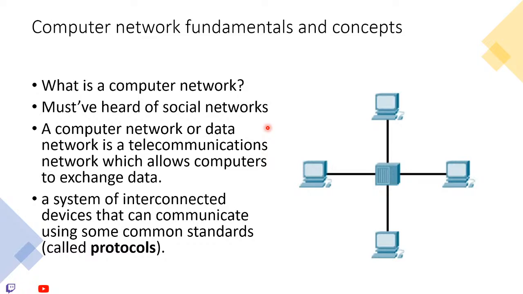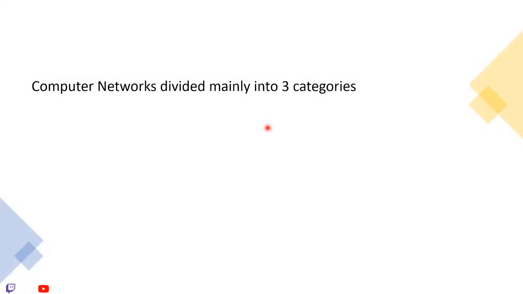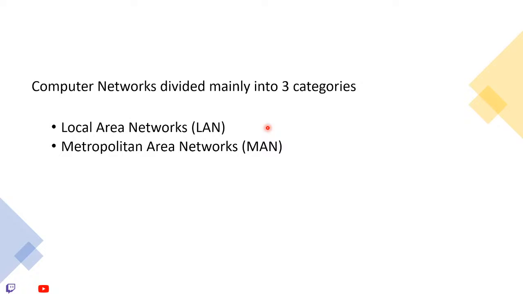Computer networks are mainly divided into three categories. The first is the local area network, also known as LAN, the metropolitan area network, also called MAN, and the wide area network, also known as WAN.